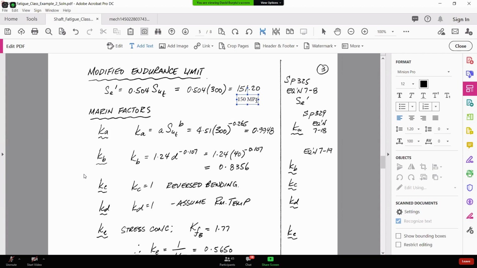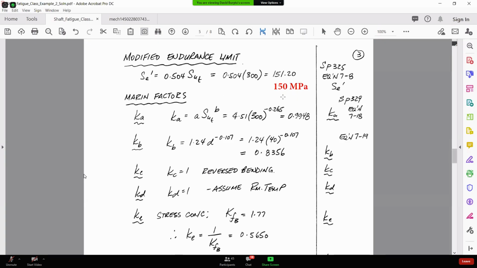So there's going to be a little bit of difference when you're using the 10th and the 11th edition versus where I got these values from. I'm just going to put this in here so we can see the difference as we're working through. There's 1.2 megapascals difference between the two.